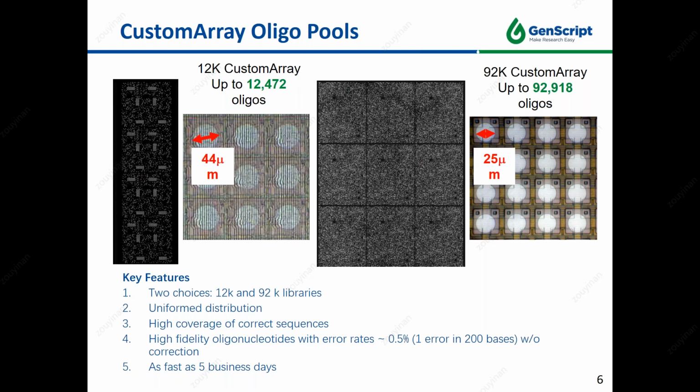So these two types of options allow us to choose different chips based on the expected variant library size. Secondly, since the number of oligos synthesized at each run is precisely monitored and controlled by the system, we are able to achieve a uniform distribution of variants in a mixed oligo pool.